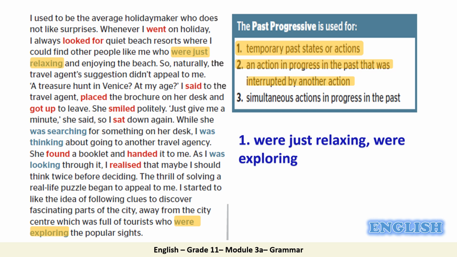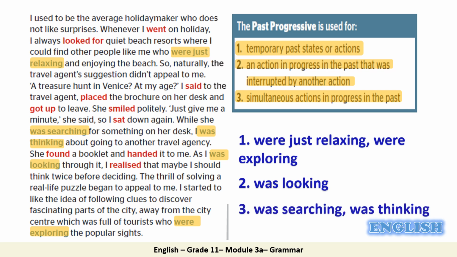Yes, it is matched with one verb, which is, of course, was looking. Very good. Excellent. Number three, simultaneous actions in progress in the past. Yes, here it is matched with was searching and was thinking. Thank you, dear students.